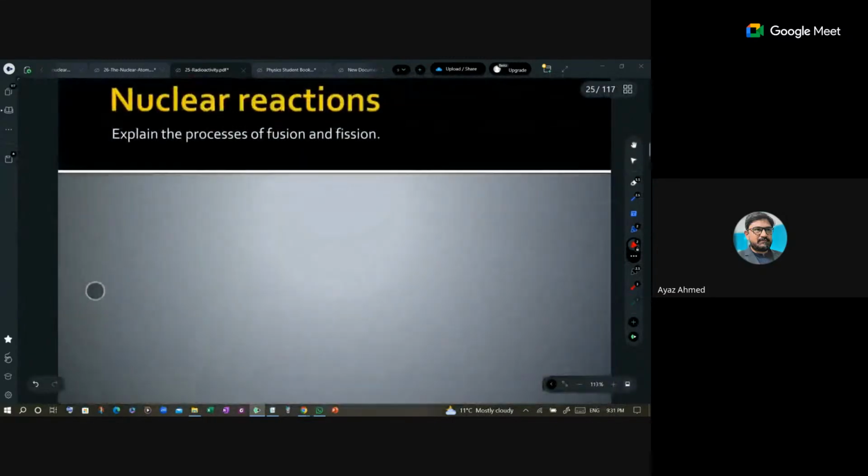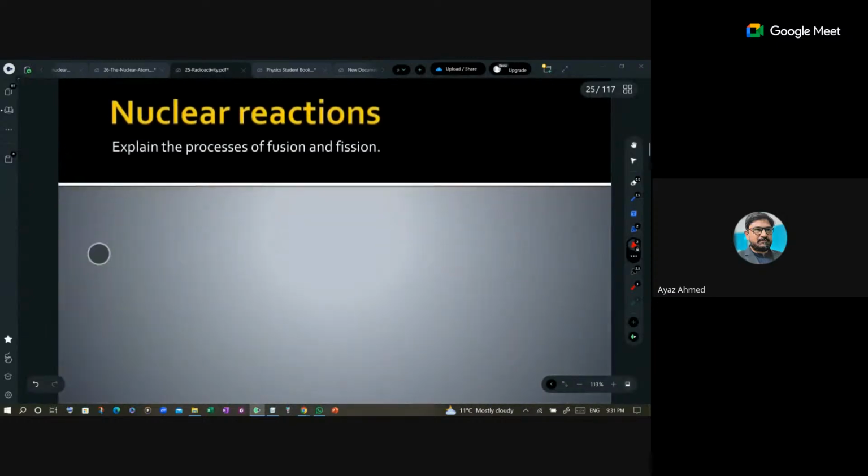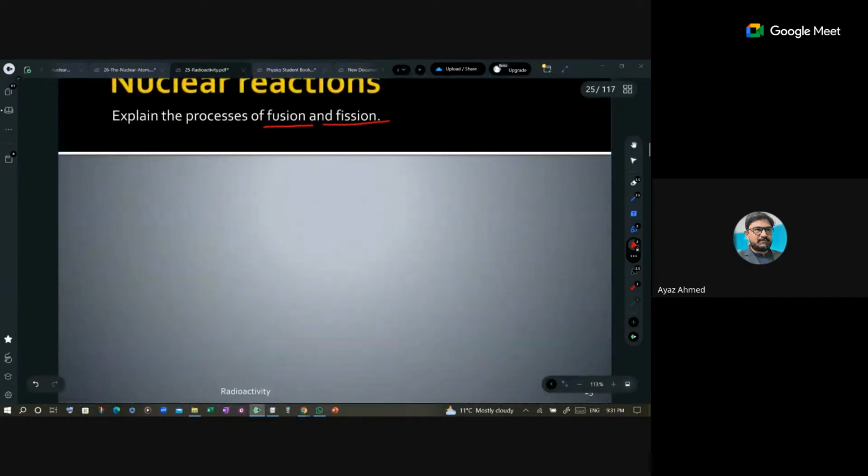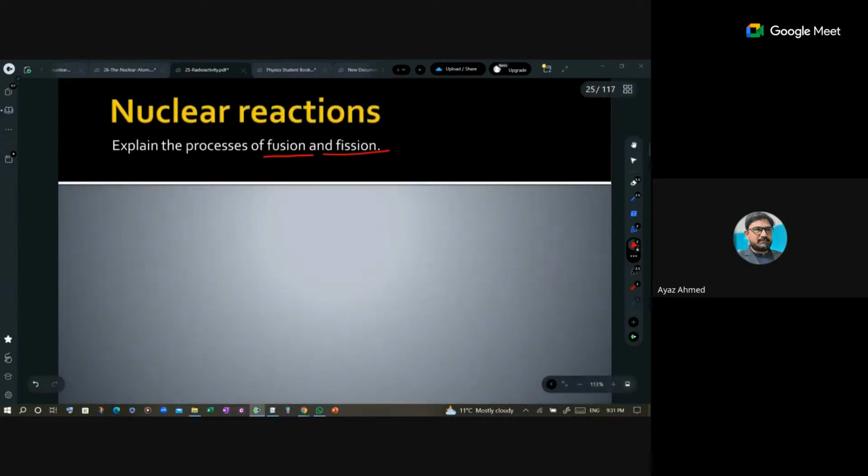Now we will talk about some other nuclear reactions. These are called the nuclear processes of fission and fusion. Simply speaking, there are two main processes in which a nuclear reaction takes place.